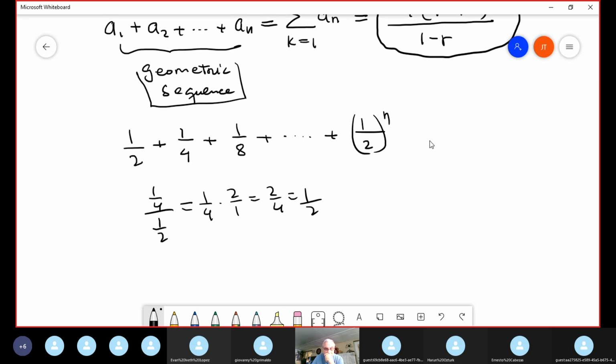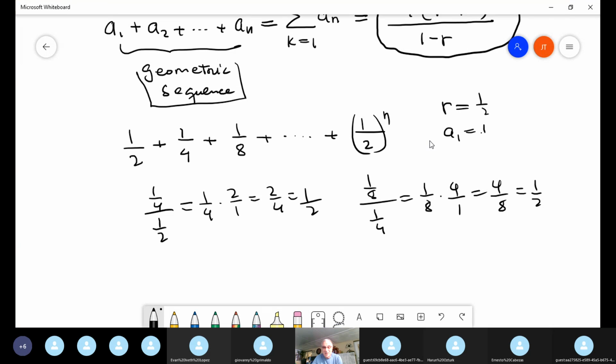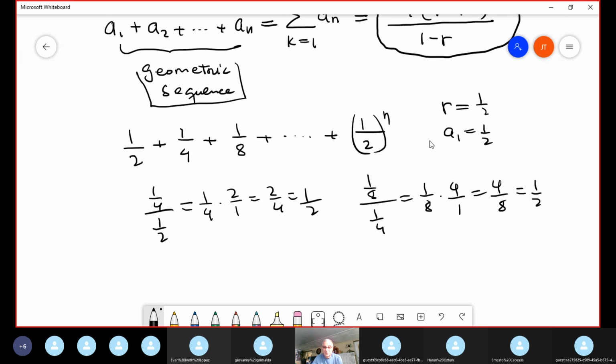Likewise, 1/8 divided by 1/4 is 1/8 times 4/1, which is 4/8, again 1/2. So the common ratio r is 1/2. A sub 1 is 1/2 again, because it's the first term. It's a coincidence, it doesn't always happen, but it happened in this example.